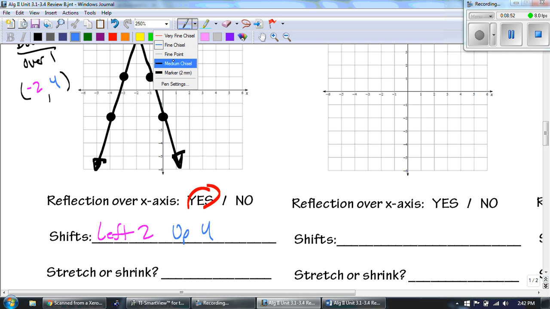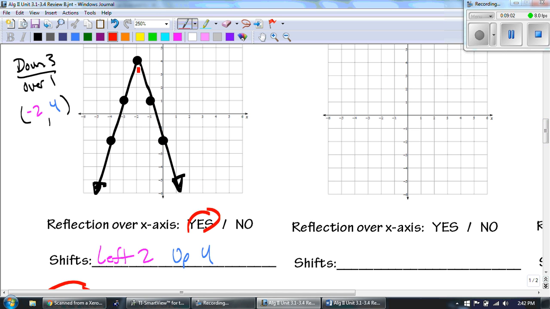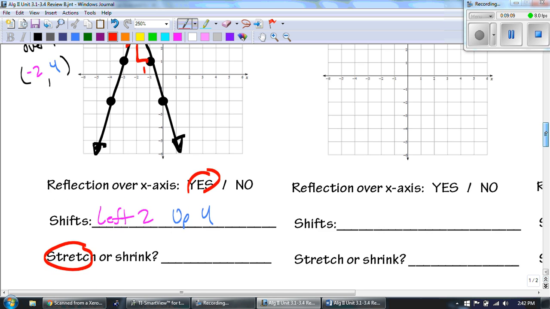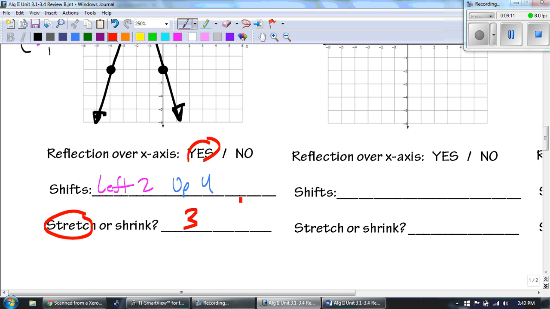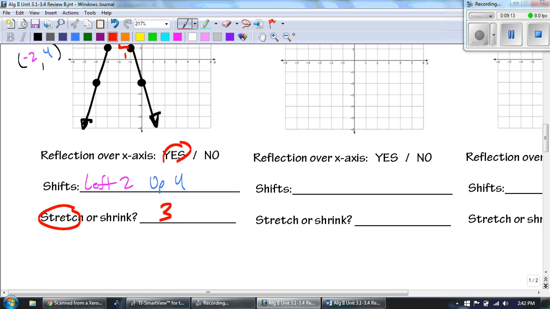Do you guys know? Well, this one stretched, and it stretched by 3 units, and I'll prove it to you right here. Because that was the rate of change. See how we go down 3 over 1? That's our stretch. We stretched 3 units.